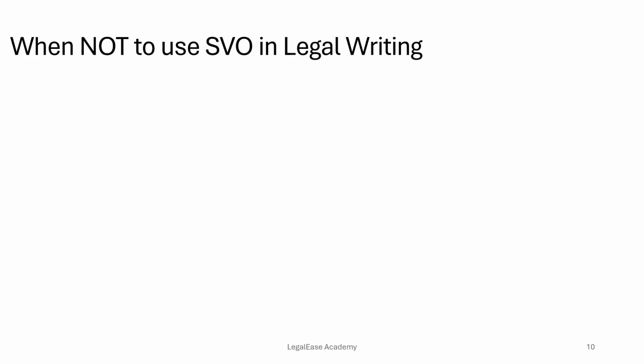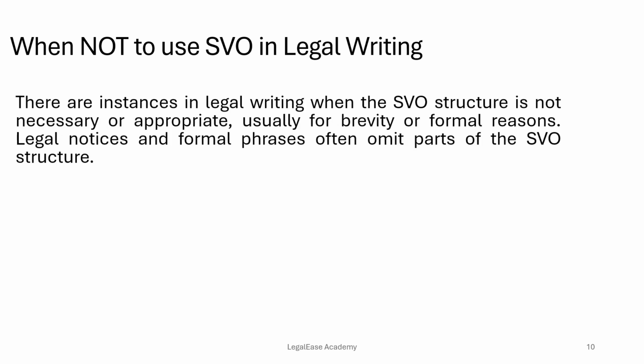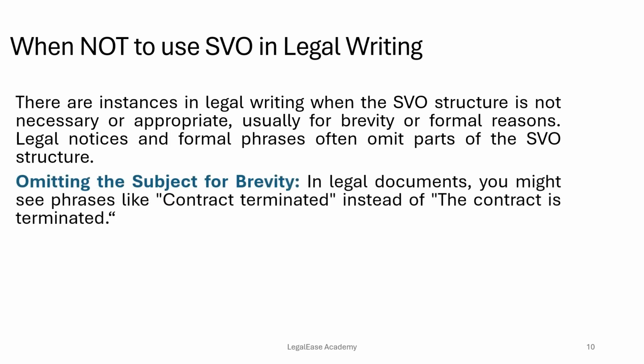So, when should you not use the subject-verb-object rule in legal writing? Well, there are instances or situations when the SVO structure is not necessary. Usually when you are trying to be very brief or you are writing in a very formal tone. Legal notices and formal phrases will often omit or leave out parts of the SVO structure.